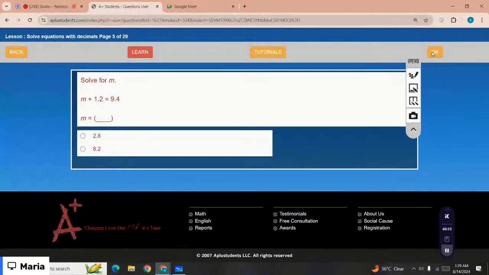Solve for m plus 1.2 equals 9.4. So which is the correct option?